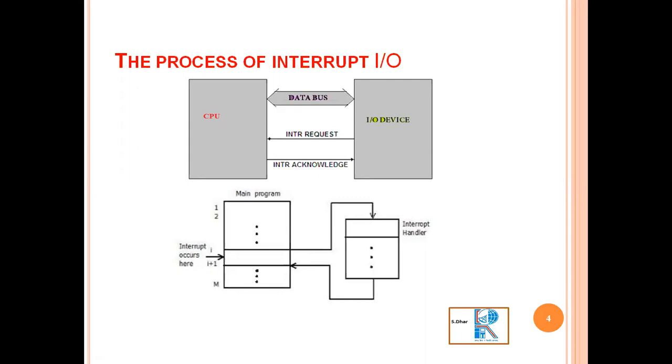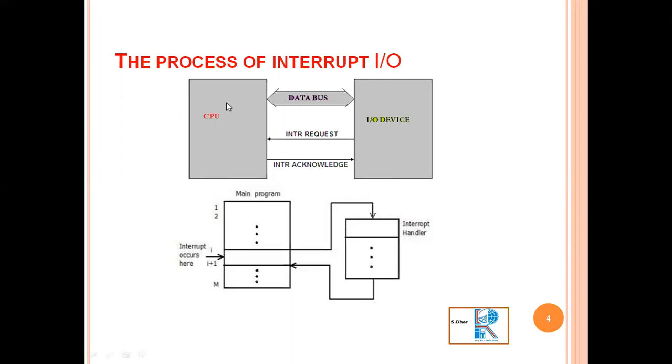So suppose one IO device or two IO devices give the interrupt request signal. The CPU has to find out which IO device has generated the interrupt signal. So for finding the particular IO device, the CPU has to generate the interrupt acknowledgement signal. It will send the interrupt acknowledgement signal to all the IO devices.